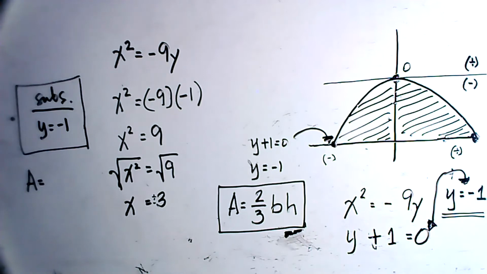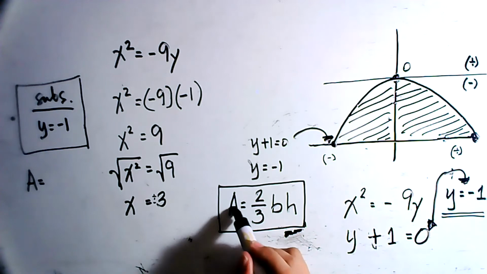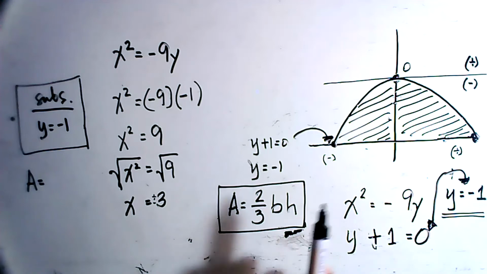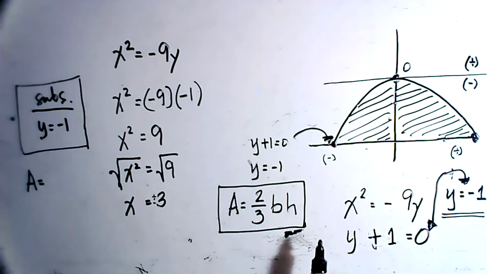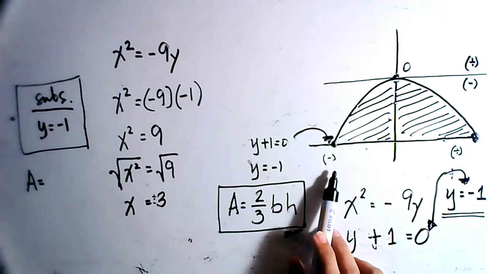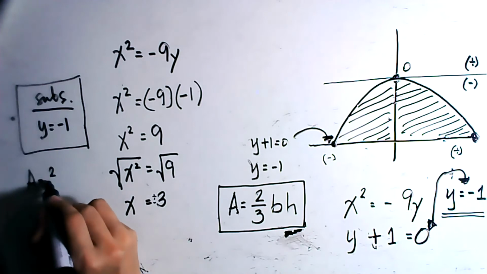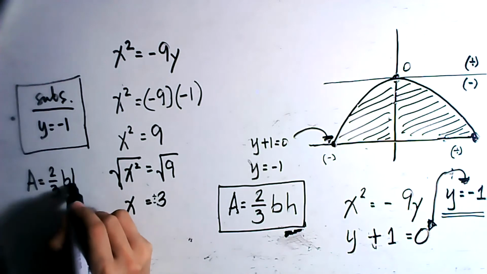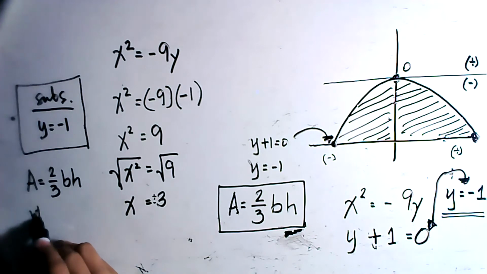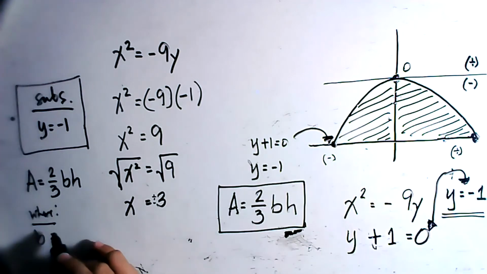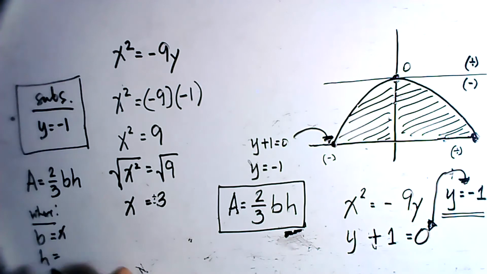What we have to do here is to determine the area bounded by the curve, and all you have to do is to make use of the formula area equals 2/3 BH, wherein the value of B is the base, which is x, and the value for h is the height, which is y.